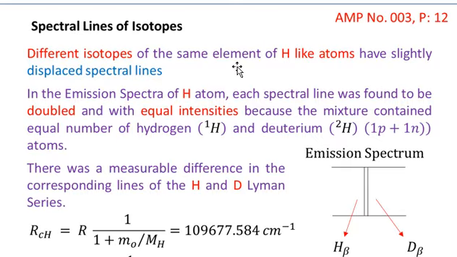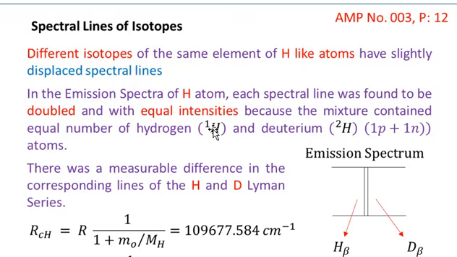Different isotopes of the same element, of hydrogen-like atoms, have slightly displaced spectral lines. In the emission spectrum of hydrogen atom, each spectral line was found to be doubled and with equal intensities, because the mixture contained an equal number of hydrogen and deuterium atoms.